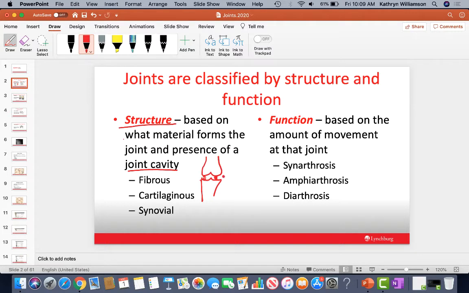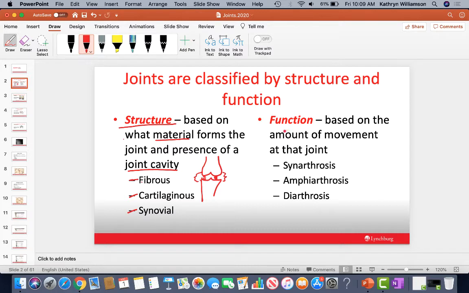So, is there a joint cavity? And what type of material actually forms the joint? We've got three options there: fibrous joints, cartilaginous joints, and synovial joints.